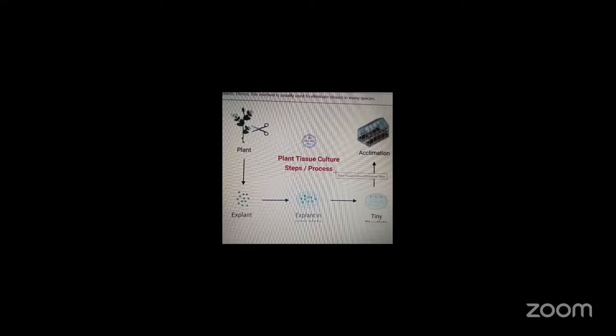Somatic embryogenesis may occur directly or via the callus phase for clonal propagation. Direct somatic embryogenesis is preferred since there is less chance of somaclonal mutation.